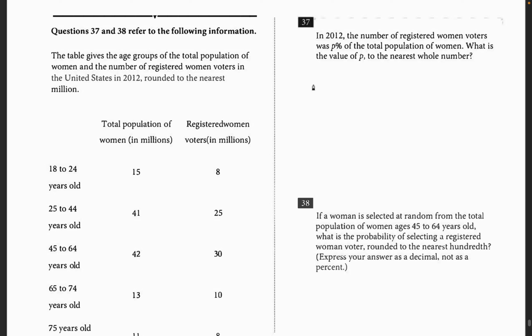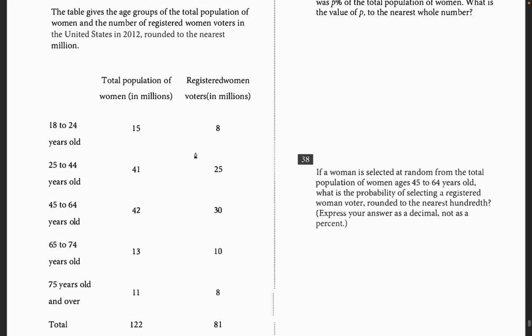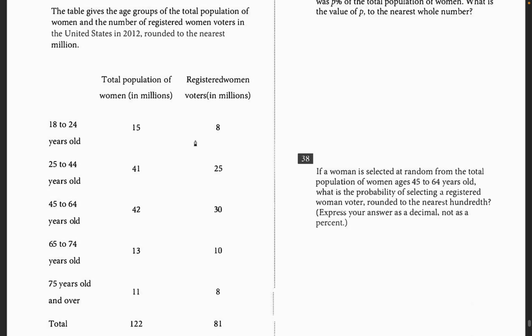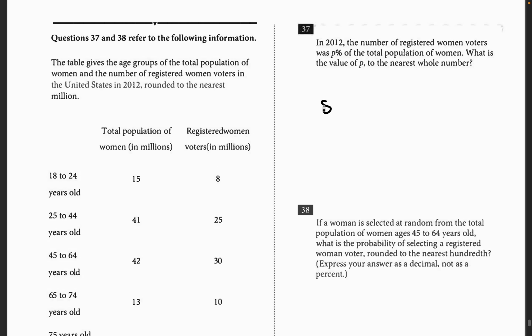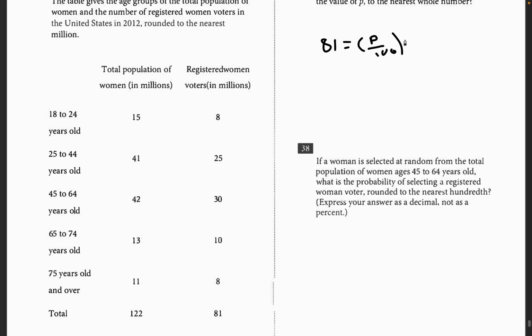So the number of registered women voters, okay, 81. So 81 was P%, so P out of 100 of the total population of women. What is the total population of women, 122? Divide by 122.